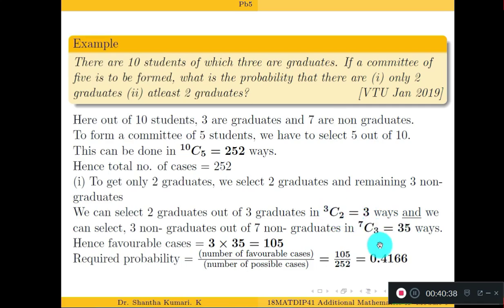Now combine these two. 2 graduates and 3 non-graduates can be selected in 3 into 35 ways, and so we multiply, 105 ways. So out of 252 total cases, 105 cases are favorable to the event. So write the ratio, 105 divided by 252. You get the answer.